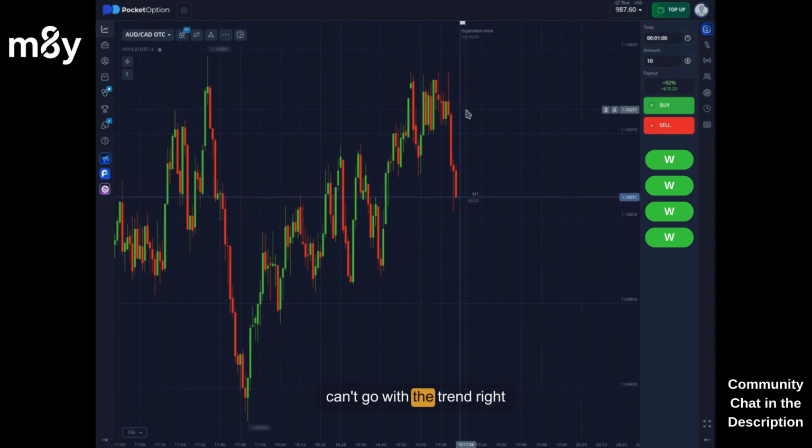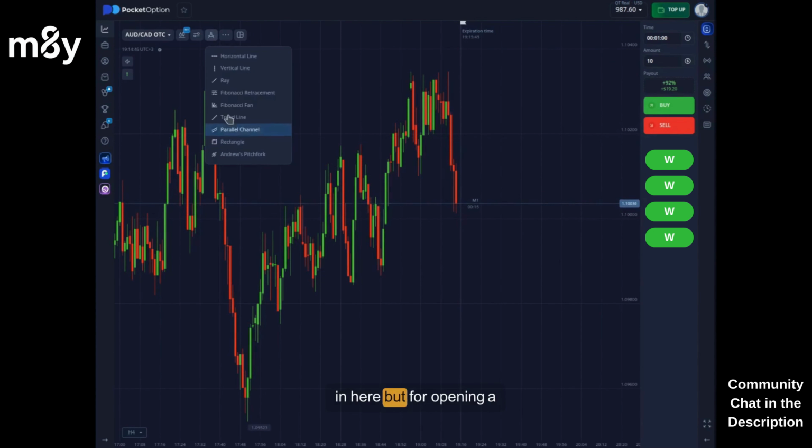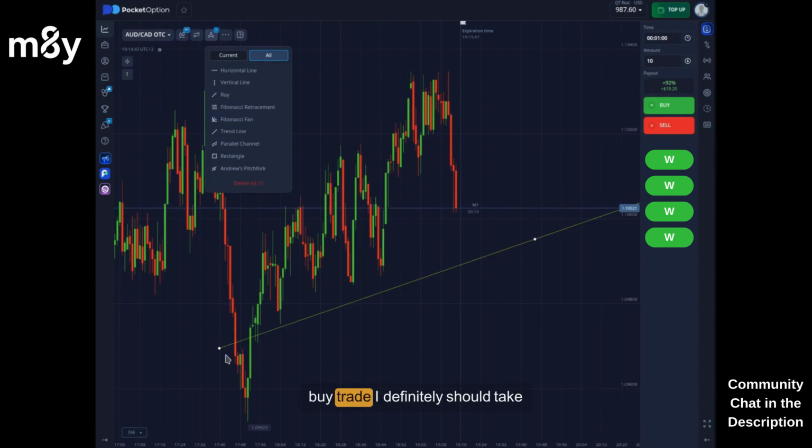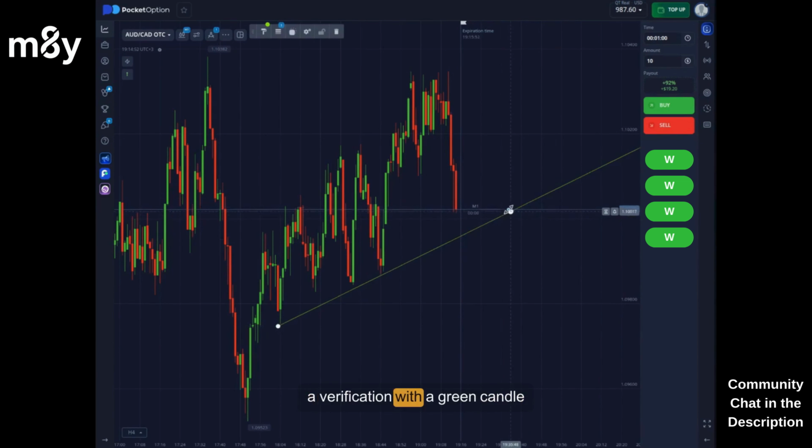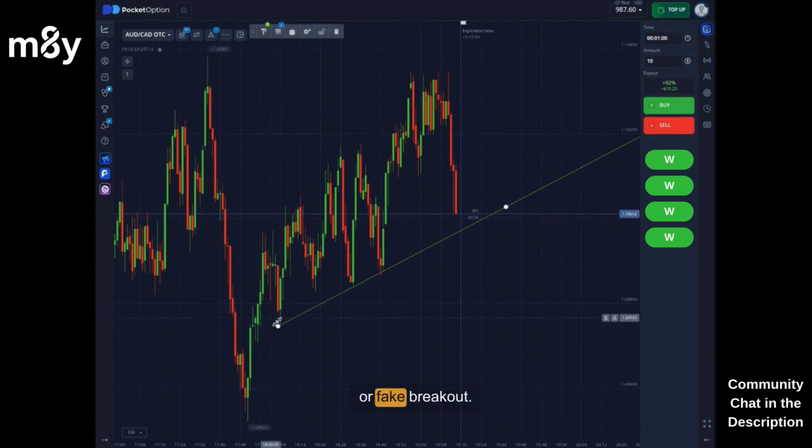I can't go with the trend right now because the trend looks like bullish. I will draw the trend line in here, but for opening a buy trades, I definitely should take a verification with a green candle or fake breakouts.